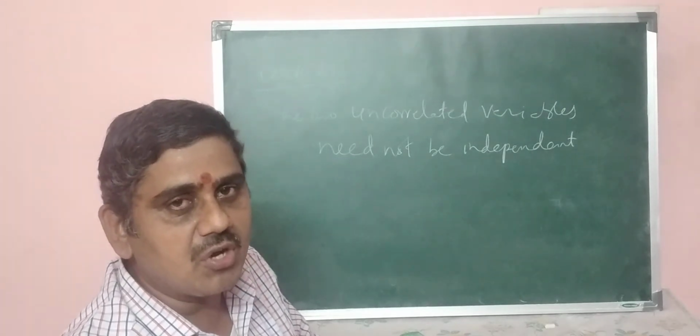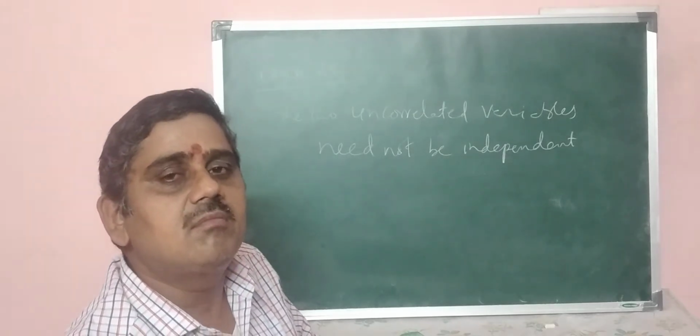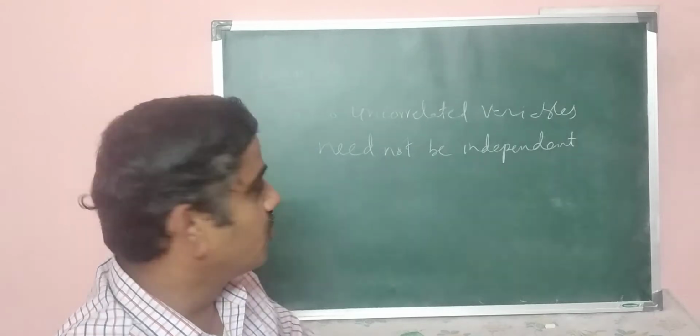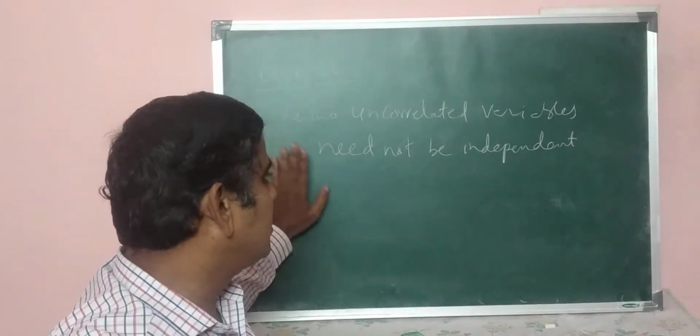If r is equal to 0, that is, they are uncorrelated variables, but they are not independent. That we have to prove. Two uncorrelated variables need not be independent.